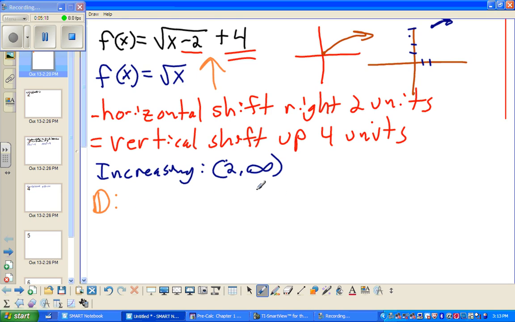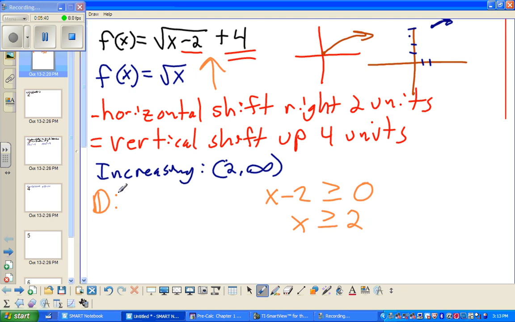So the work for domain would be, if I take what's under the square root, what would I have to do to make sure that that is greater than or equal to 0, is the question. Well, simple inequality problem solving here tells us that x would have to be greater than or equal to 2.